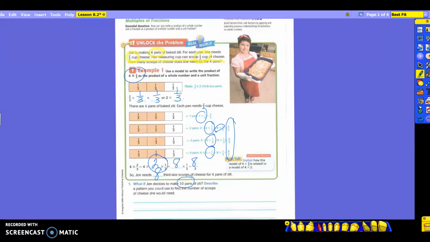I cannot just use the 8. Notice it says 8/3 size. So is it still going to be third size down here? Yes, it sure is. So how many am I going to have? If I have 10 pans and I'm doubling it, I get what? 20. Thank you. 20 third size scoops.